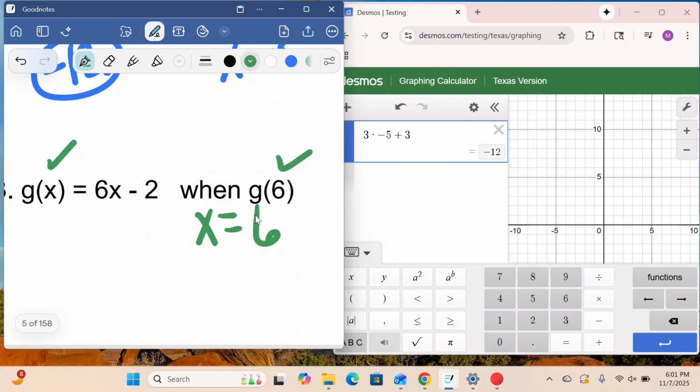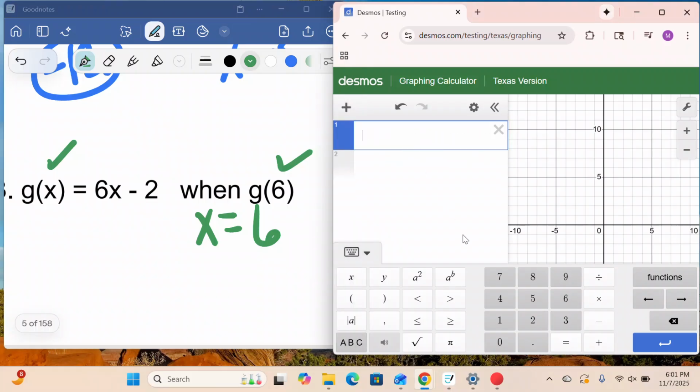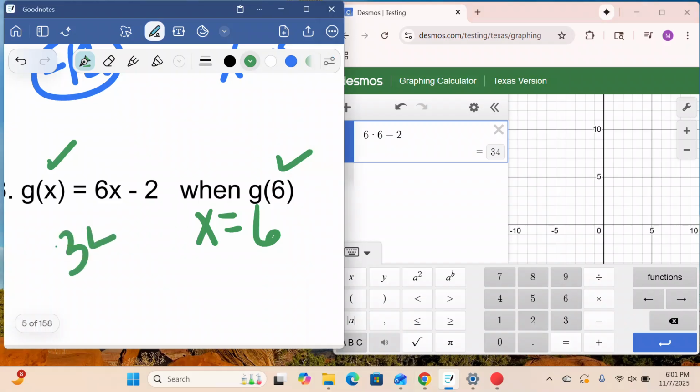We place the x value, 6, in place of the x here, so you write 6 times 6 minus 2, and you plug it into Desmos and let Desmos do the work for you. So we put in 6 times 6 minus 2, and the answer is 34.